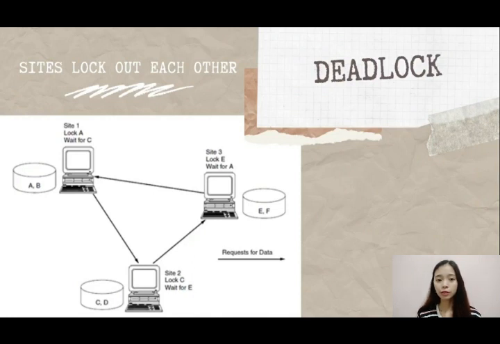Some of the factors that influence this decision are: 1. The resources currently invested in the transaction. This may be measured by the number of updates that the transaction has already performed and that must be repeated if the transaction is terminated. Number 2, the transaction stage of completion.